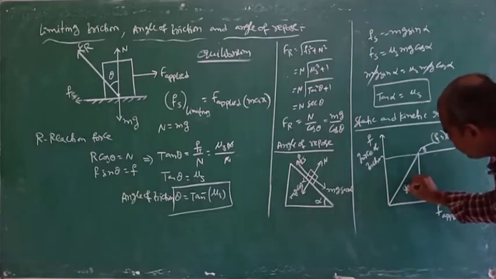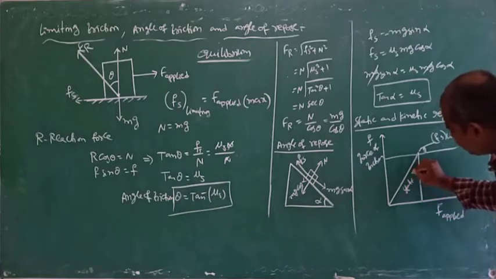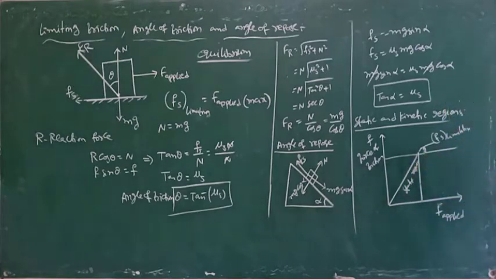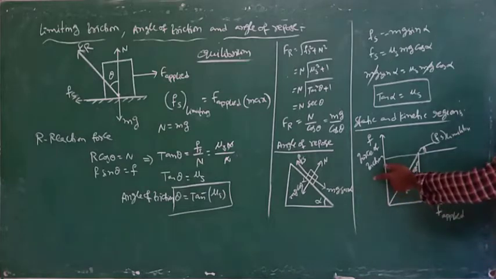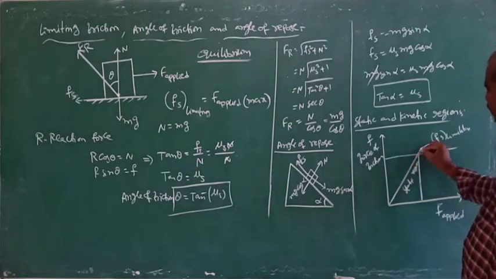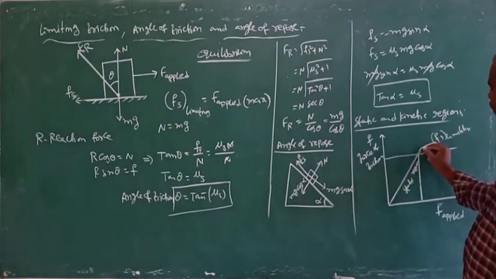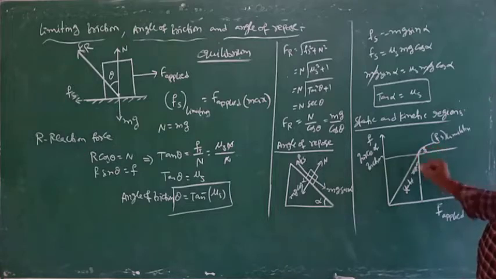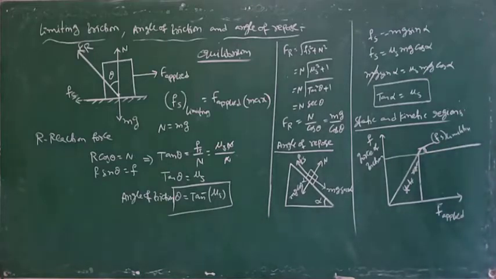Suppose this is the static region. Up to Fs limiting, applied force 1 Newton means force of friction 1, applied 2 means force of friction is 2, like a straight line, up to the maximum limiting. Beyond this is the kinetic region.